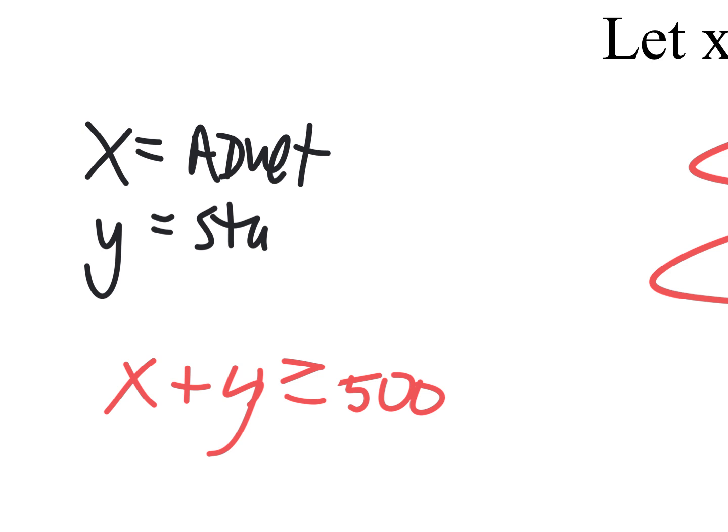What if I said we sold twice as many adult tickets as student? Right? Don't say it. Write it. Use X and Y. We sold twice as many adult as student. I didn't say at least twice. I said twice as many adult as student.